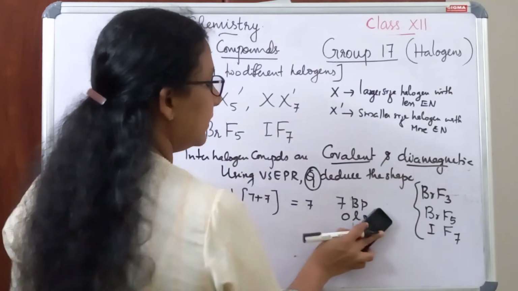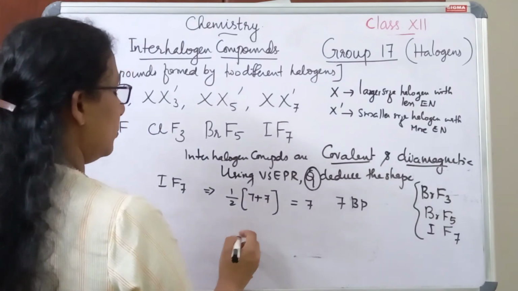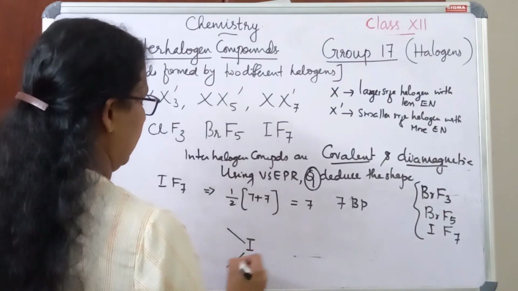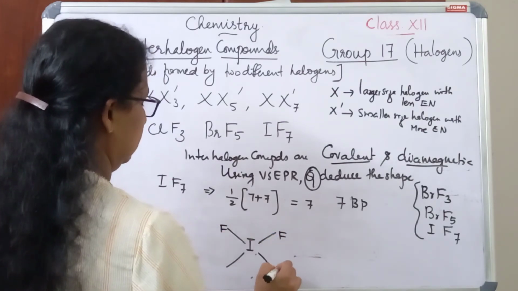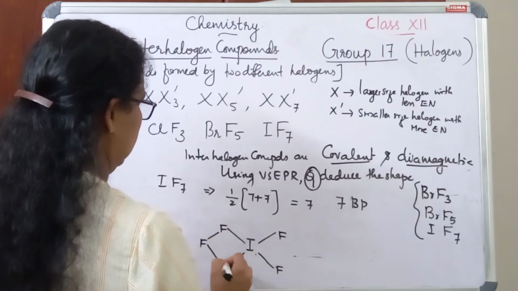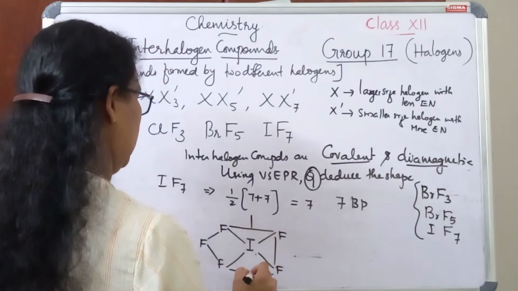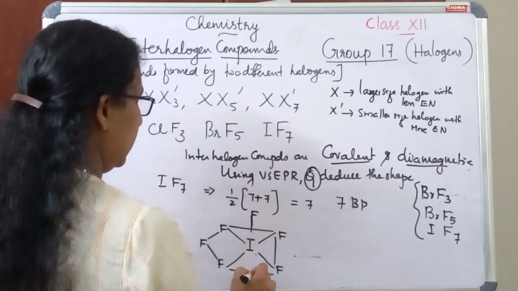No lone pairs are there, so we can write 7 bond pairs, and we can draw the shape as it will be like this.